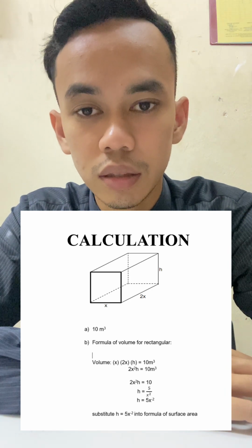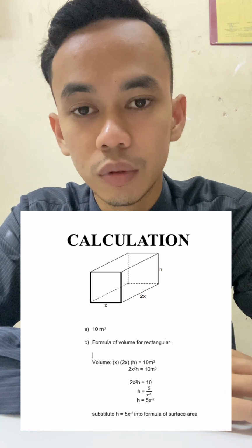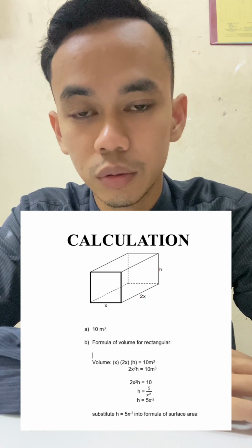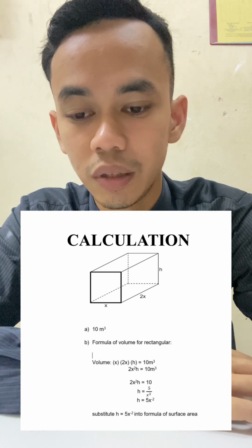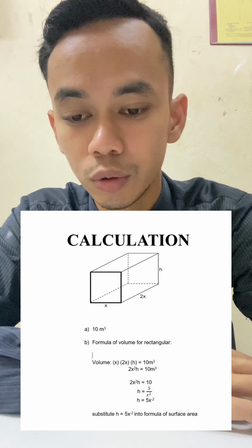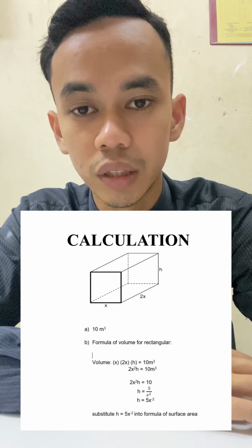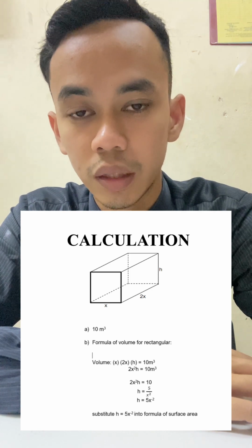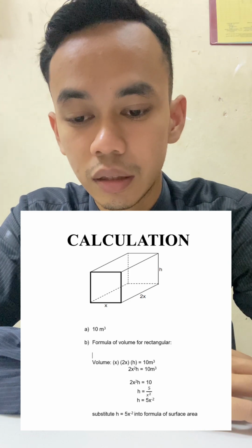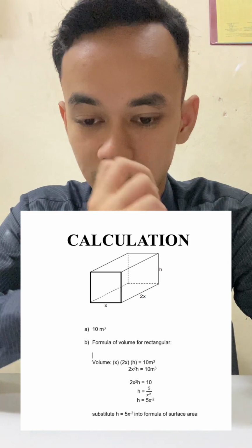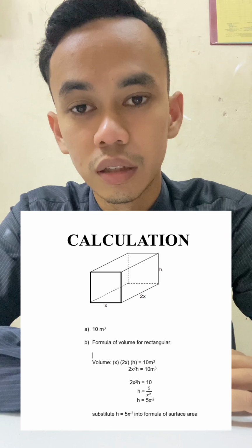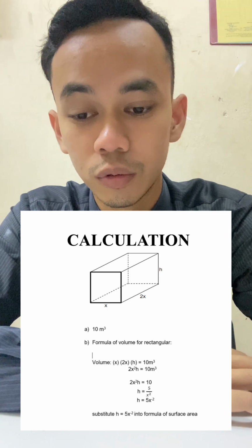The formula is x times 2x times h equal to 10 meter cubic. Then I simplify the formula into 2x squared h equal to 10 meter cubic, and then I find h. The answer is h equal to 5x to the power of negative 2.